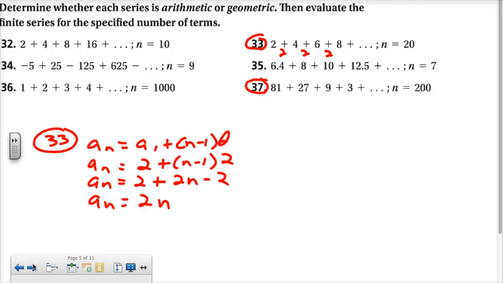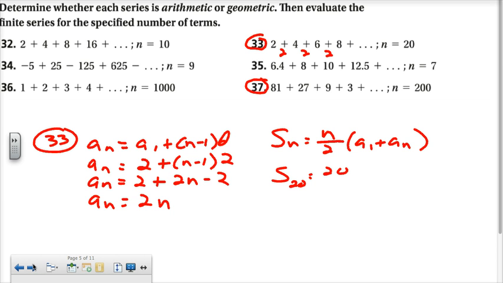Now, I want the sum. And again, we have to go back and use the arithmetic sum formula. And it says that n is 20, so we want the sum of the first 20 terms, where the first term is 2, and now we need the 20th term. Well, that's the whole reason that I went ahead and wrote the rule, because we can find it very easily. 2 times 20 is 40.